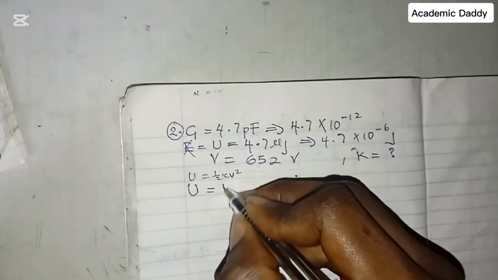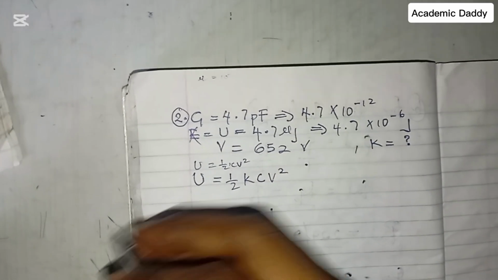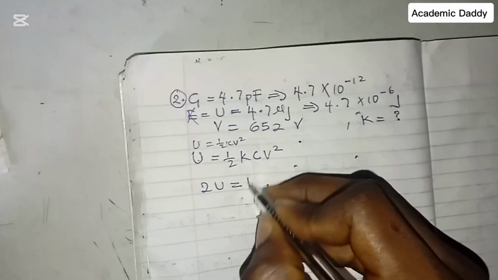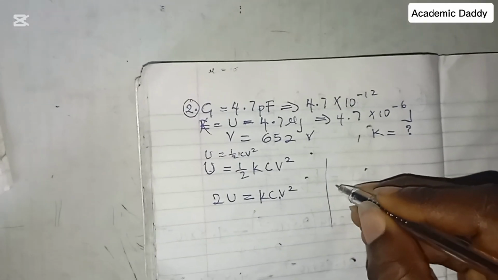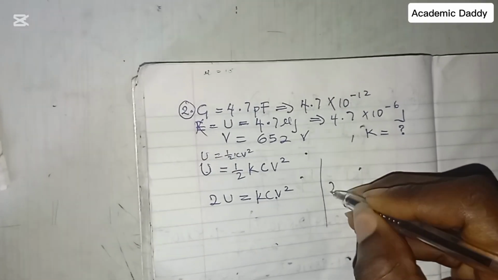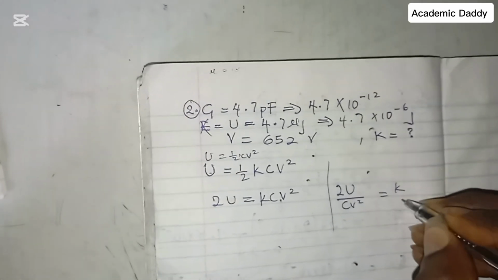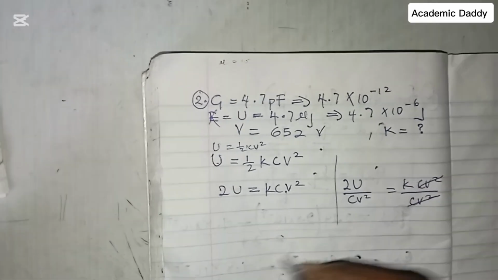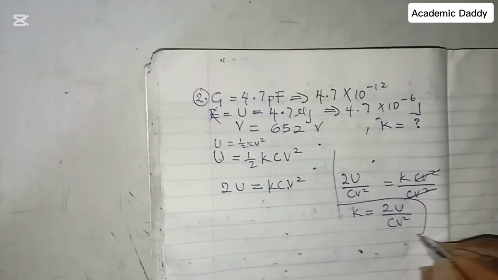We now have that this will be half KCV squared. So if you want to make K the subject of the formula, 2U equals KCV squared, and 2U all over CV squared equals KCV squared over CV squared. So K is equal to 2U over CV squared. This is the formula we are using.